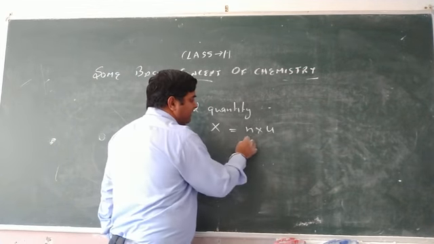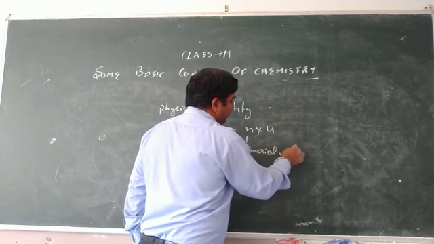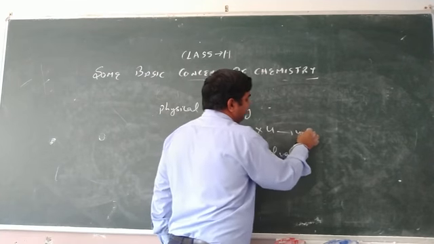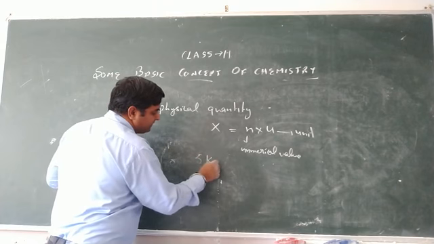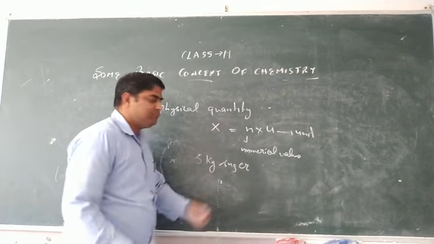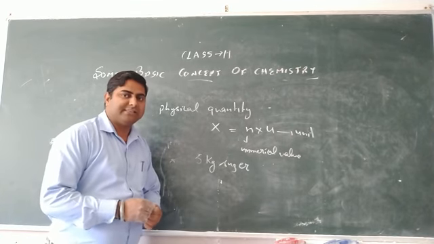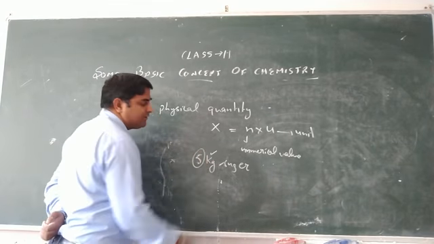N means numerical value and U means unit. If we say 5 kg sugar, sugar is a state of matter, solid state, and 5 is numerical value, kg is unit.